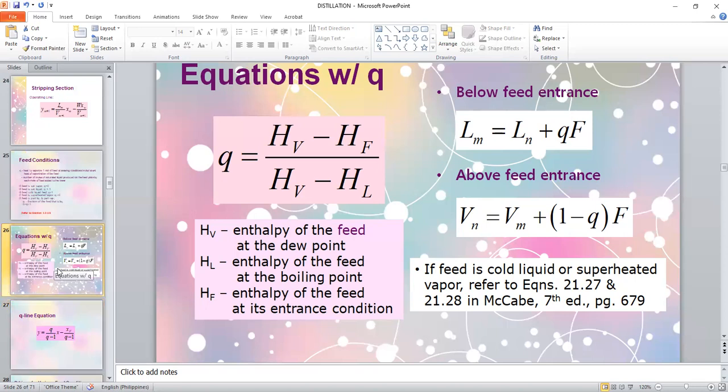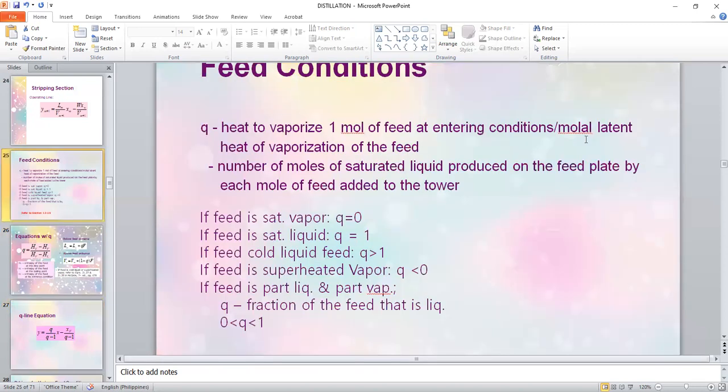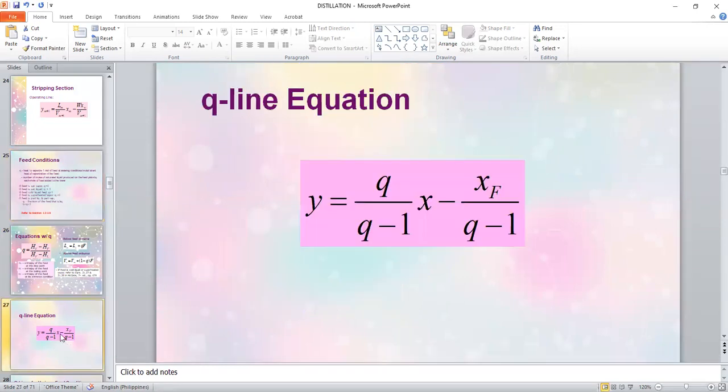So now that you know the Q, based on these two definitions, this is the equation of the Q line. This is the slope of the Q line, and this is its y-intercept. Your Q line, otherwise known as the feed line, when plotted will need the XF.